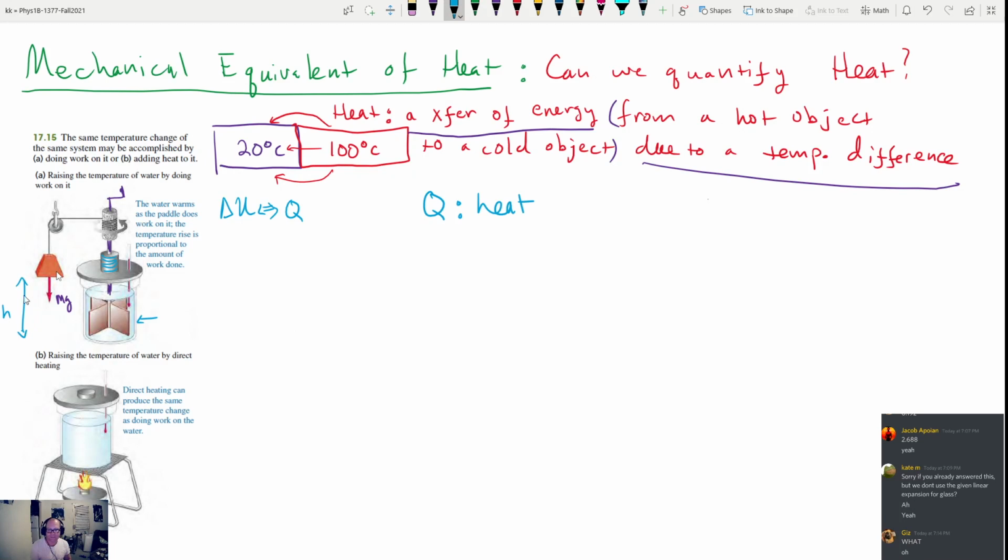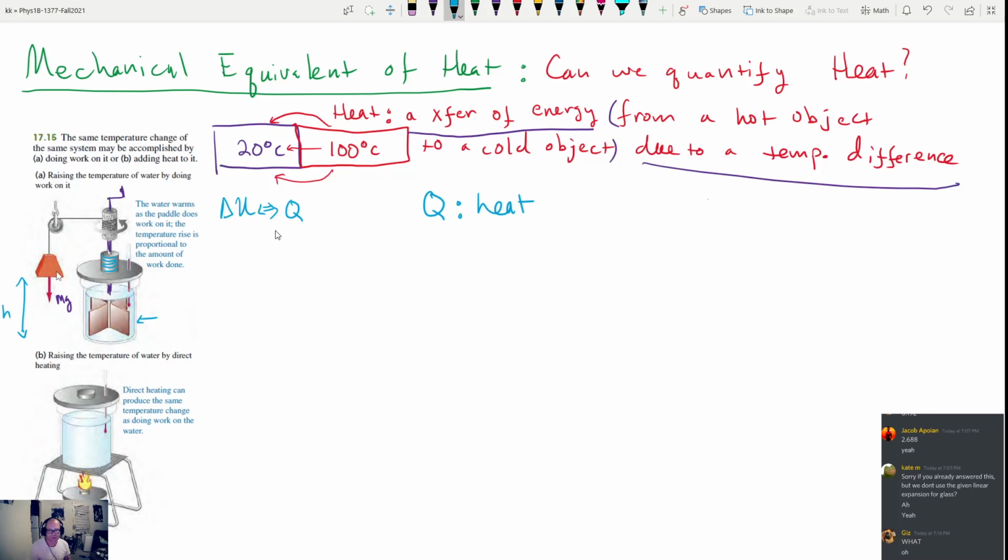So you equate mgh to the heat increase of the water, okay? The temperature of the water will definitely go up, right? Then you repeat the experiment like 10 times, make a bunch of data points, and try to prove that the temperature increase of the water is associated with a heat transfer from this crank into the water itself.